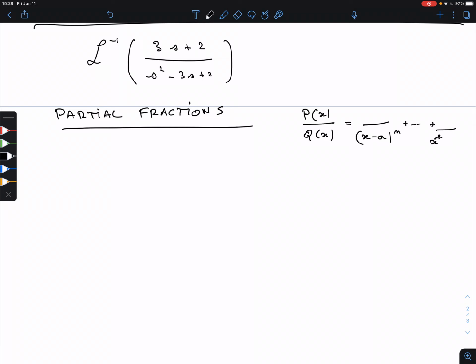Any quadratic irreducible is of this form, and this is important for us, so I'm going to write it like that: (x plus a) squared plus b. So these are quadratic irreducibles.